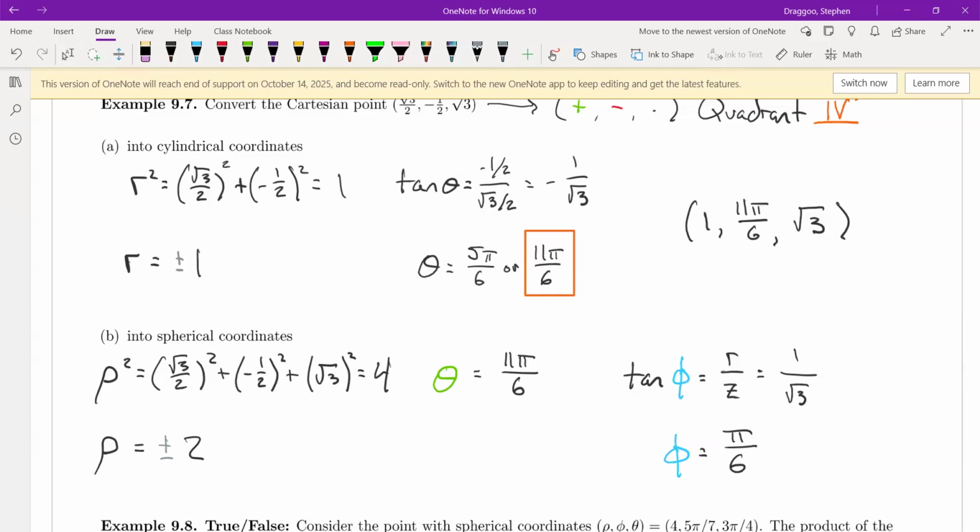So our point in spherical coordinates is going to be 2, 11 pi over 6 for theta, pi over 6 for phi. Or maybe phi. I've heard it both ways. I like phi though, so that's what I usually say.